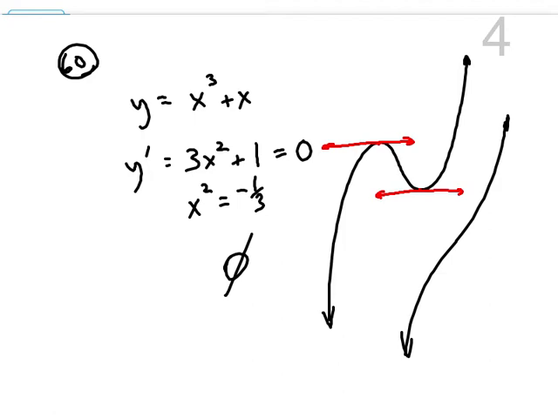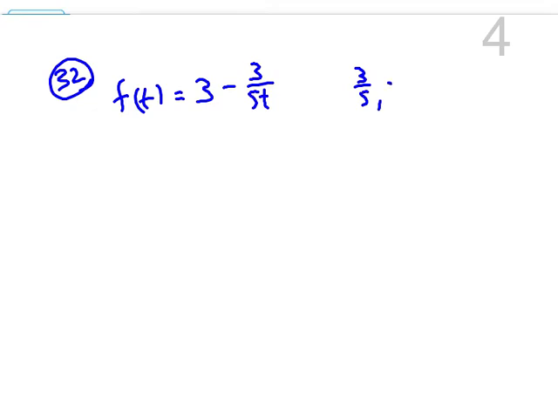Kev? I just had another question. Sure. Number 32. I don't know the problem now. Somebody might be able to help. The function is f(t) equals 3 minus 3 over 5t, and the point is (3/5, 2).